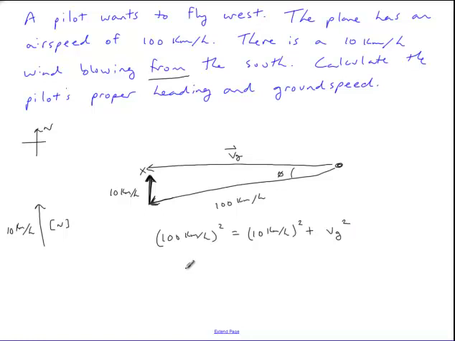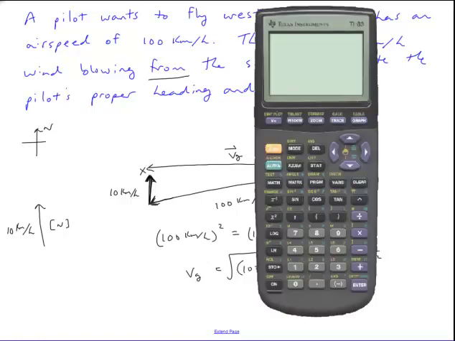If we rearrange this, ground speed squared equals 100 kilometers per hour squared minus 10 kilometers per hour squared. If you take the square root of each side, then we will find ground speed.